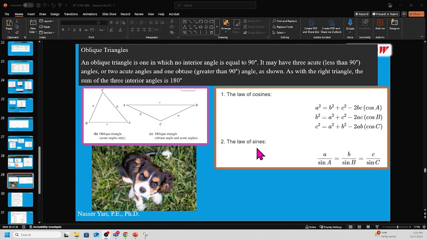And then we have the law of sines, which is basically the length of A divided by sine of A, equals length of B divided by sine of B, equals length of C divided by sine of C. We will use a bunch of examples to go over these to familiarize ourselves with them.